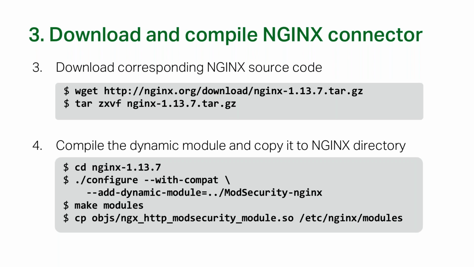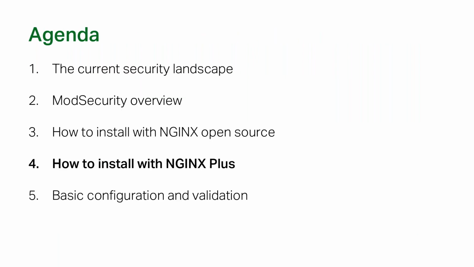And then we can take that module, ngx_http_modsecurity_module.so, and copy it to the standard module location in your NGINX deploy, /etc/nginx/modules. This is the process that you can go through to take the current build of ModSecurity from GitHub, build libModSecurity, build the NGINX connector against your deployed version of NGINX, and then deploy it.